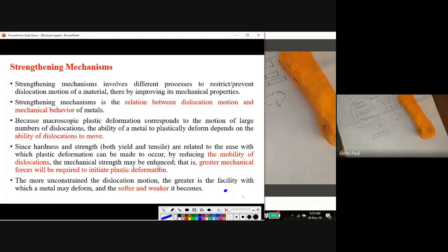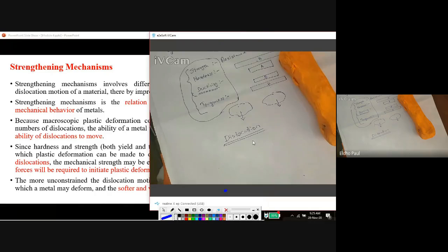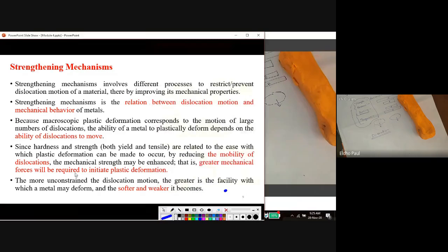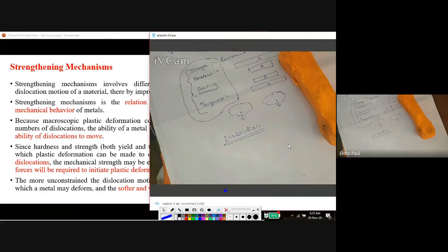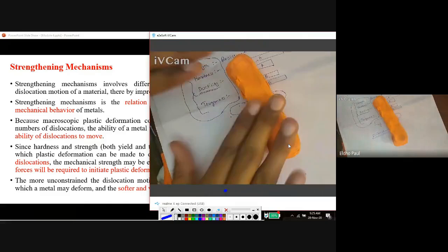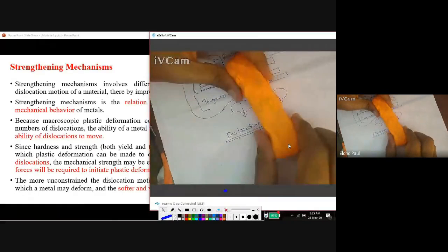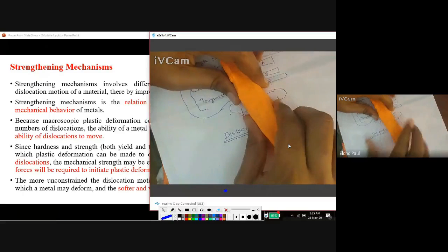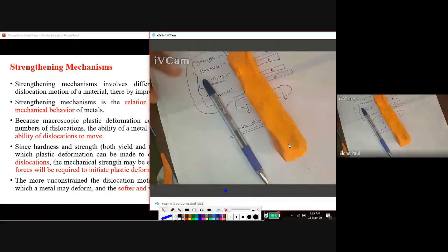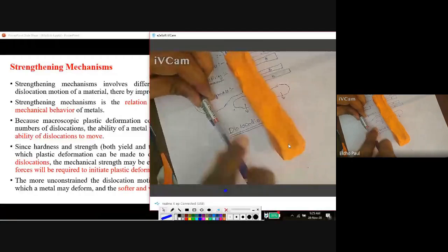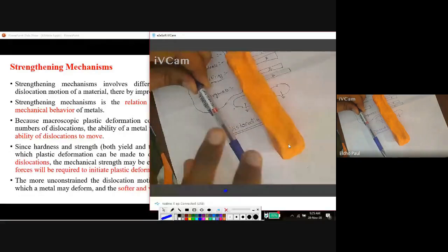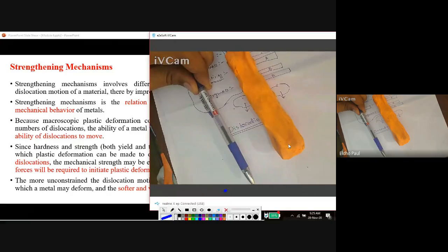If we restrict the movement of dislocation by using any mechanism, then we have to apply more force to initiate plastic deformation. For example, in this material I am applying a force and it is easily deformed, but I take another material, I apply force, but there is no visible deformation. What does it mean?